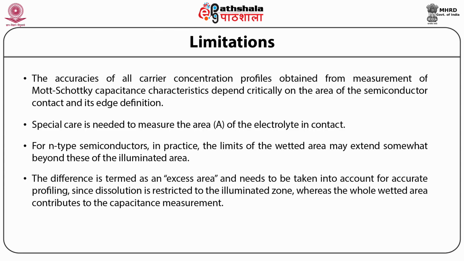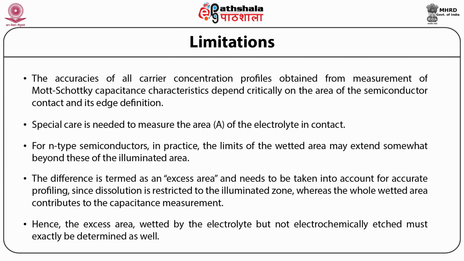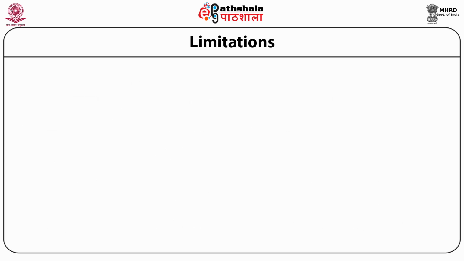The difference is termed an excess area and needs to be taken into account for accurate profiling, since dissolution is restricted to the illuminated zone, whereas the whole wetted area contributes to the capacitance measurement. Hence, the excess area wetted by the electrolyte but not electrochemically etched must be determined exactly as well.